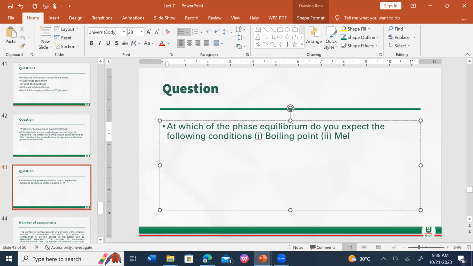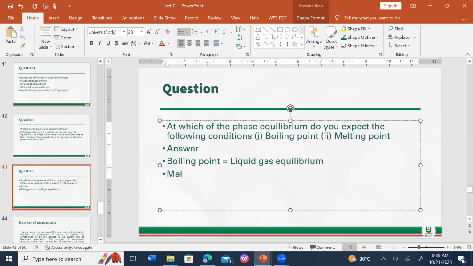Two is melting point. So of course, you know that boiling point will correspond to where liquid is changing to gas, and that is what we call liquid gas equilibrium.